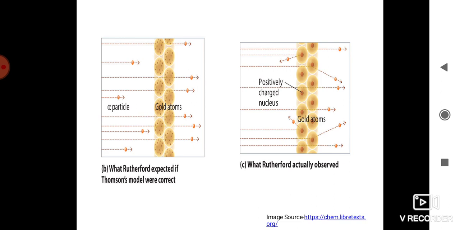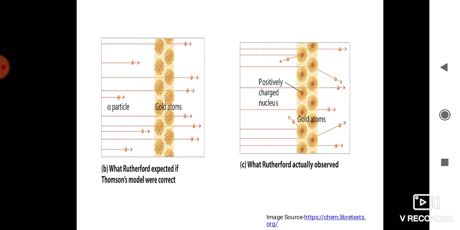If the Thomson model were the right model, then alpha particles should go straight through and none should deflect from its path, as we can see in figure B. But what Rutherford found, in figure C, is that some particles are deflected, some go straight through, and very few particles rebound to their path.